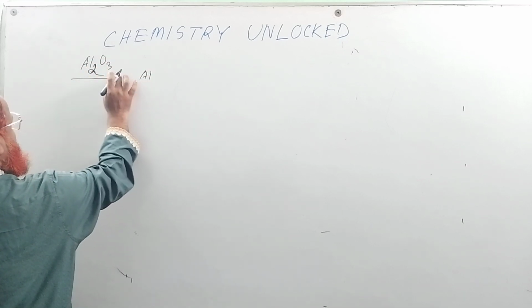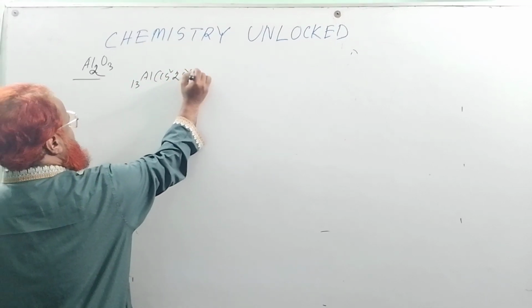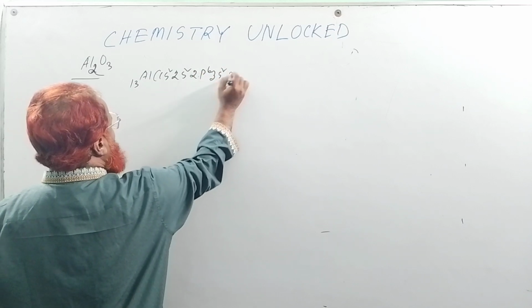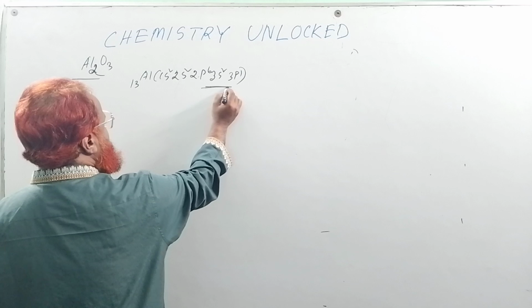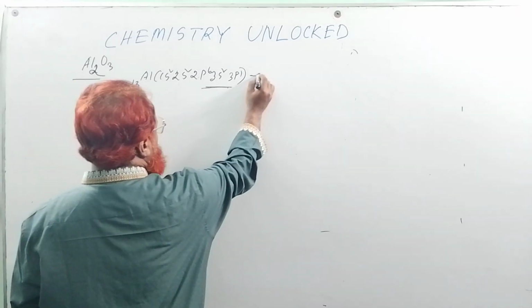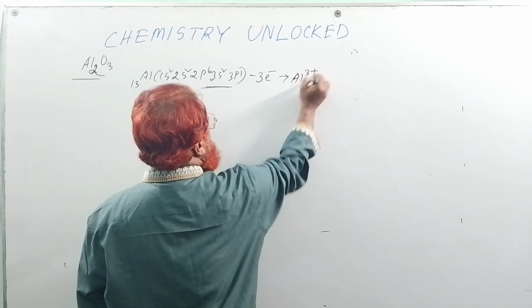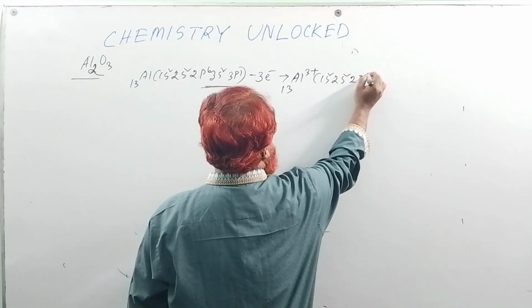Aluminium is 13, 1s2, 2s2, 2p6, 3s2, 3p1. So here the number of electrons is 3. So that will be donated. It becomes Al3+, 13, 1s2, 2s2, and then 2p6.